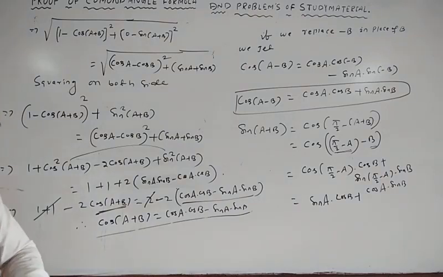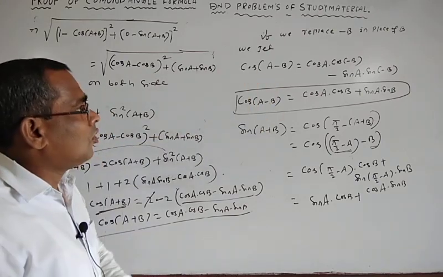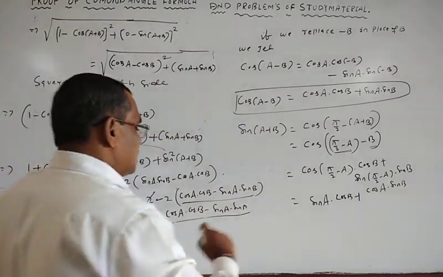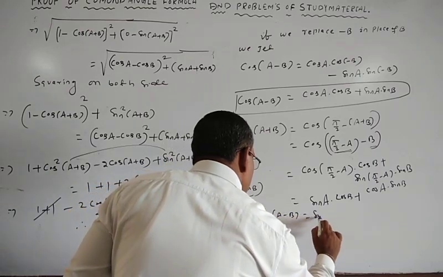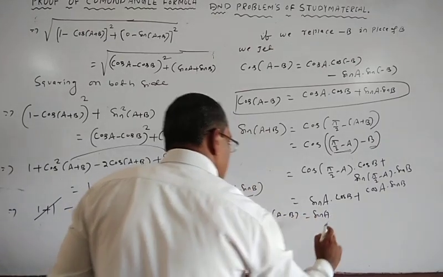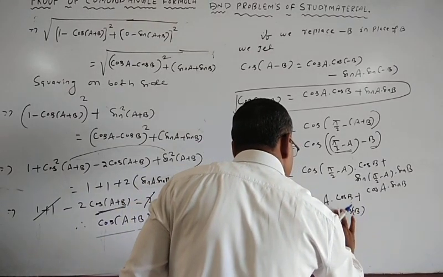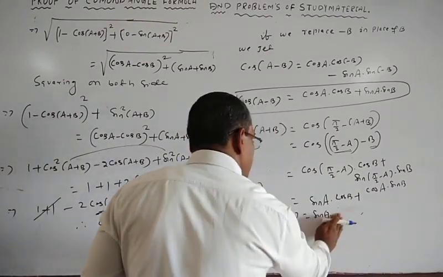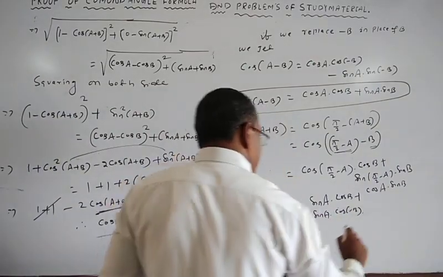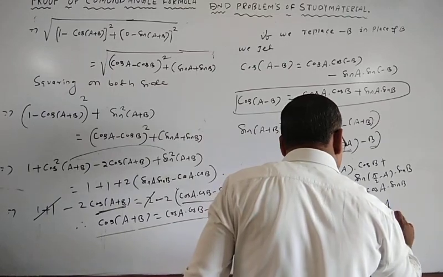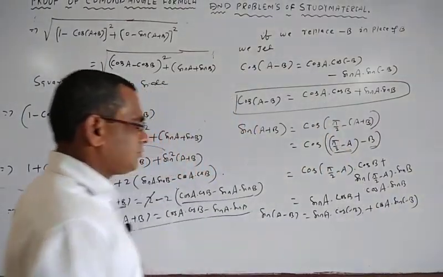Next, if we replace b by minus b, then we get sin of (a minus b) is equal to sin a into cos of minus b plus cos a into sin of minus b.